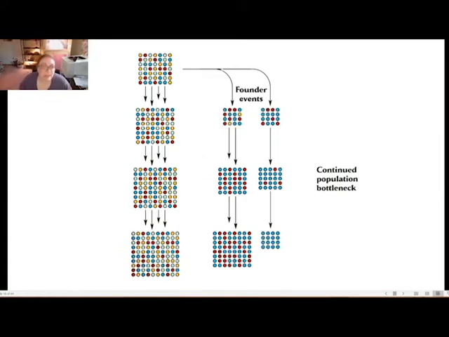What happens is the few individuals that found the new population determine what the future genetic diversity is going to be. So again, this is completely random. It's not like they left there being like, oh, let's get as many genetically diverse individuals to found this new island as possible. They just randomly happen to disperse.